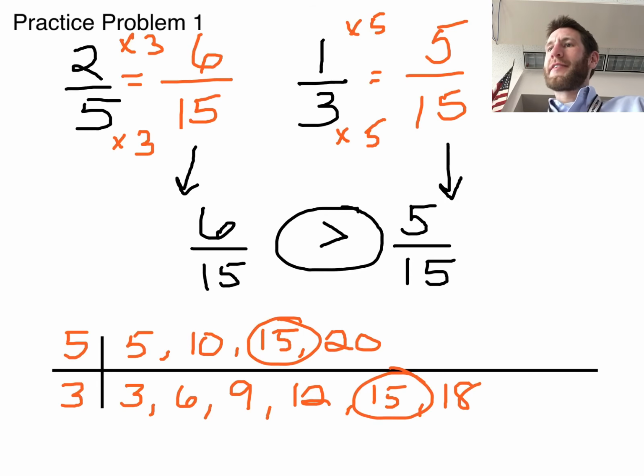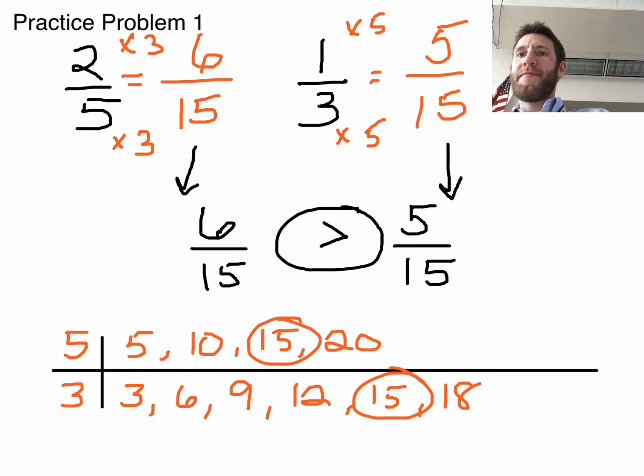So, welcome back. Hope everything went well. Now what you're going to see is I found 2/5 and 1/3. I took the denominators, 5 and 3, and I wanted to find a common denominator, or the lowest common denominator, and I put 5 and 3 right over here, as you can see what my laser pointer is doing. I went ahead and I found the multiples of both 5 and 3, and I figured out which was the lowest multiple that they had in common, okay?